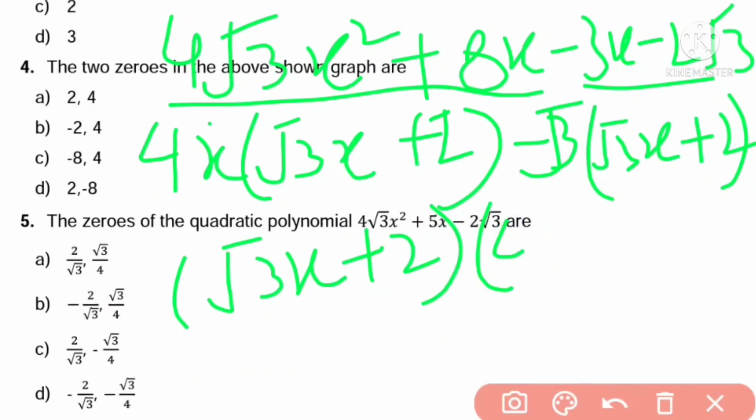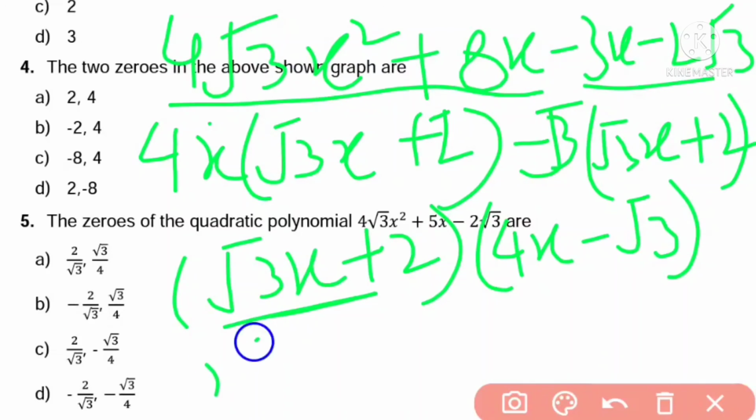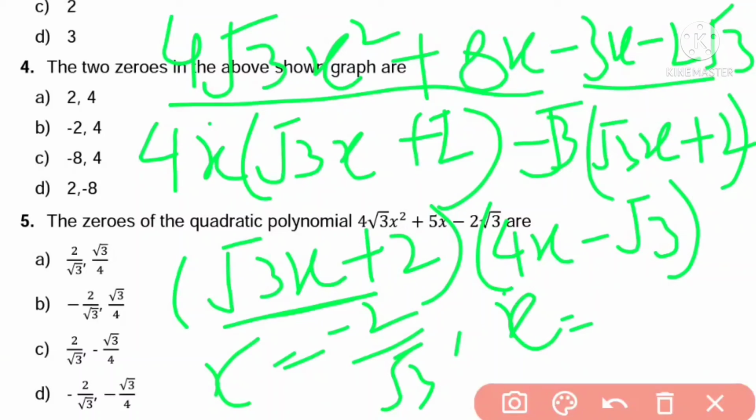So remaining is 4x minus root 3. So if we find the zeros, from the first we get x equal to minus 2 upon root 3, and from the second we get x equal to root 3 by 4. Okay, so this answer is B. All of you understand, answer is B.